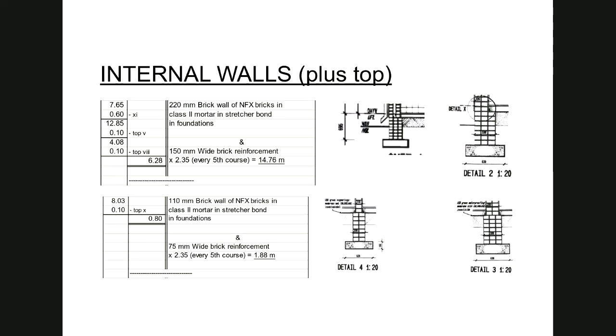But here in the superstructure now, I'm using 12.85 and 4.08, which is the superstructure length for those two details, the same as I have done over here. So please just go back to your collections and make sure that those lengths are actually correct and that you do understand.